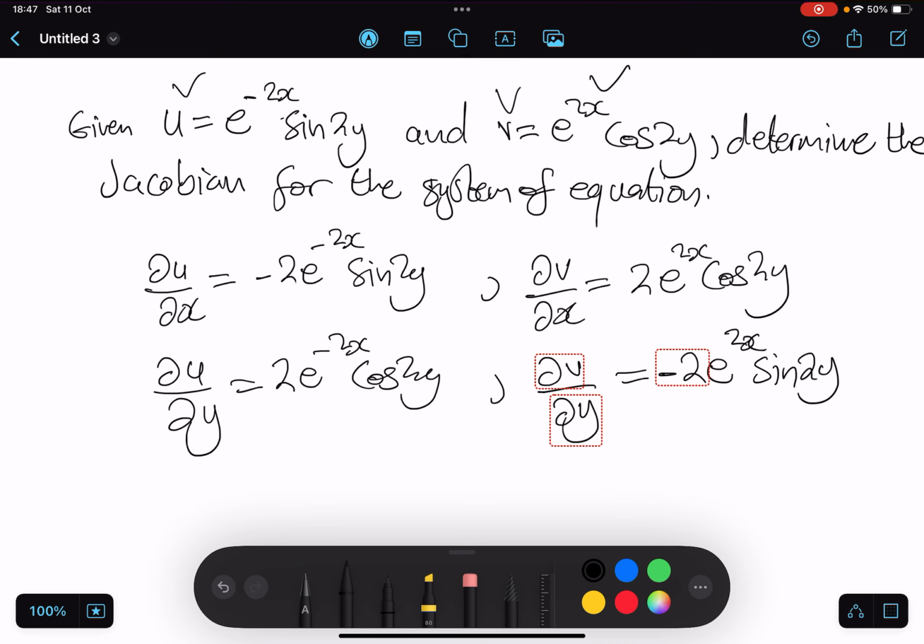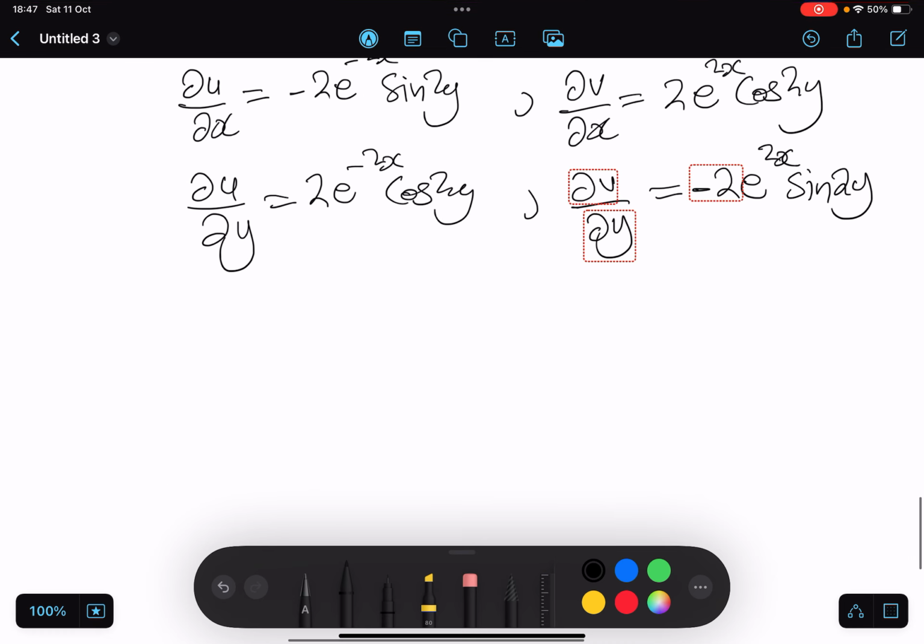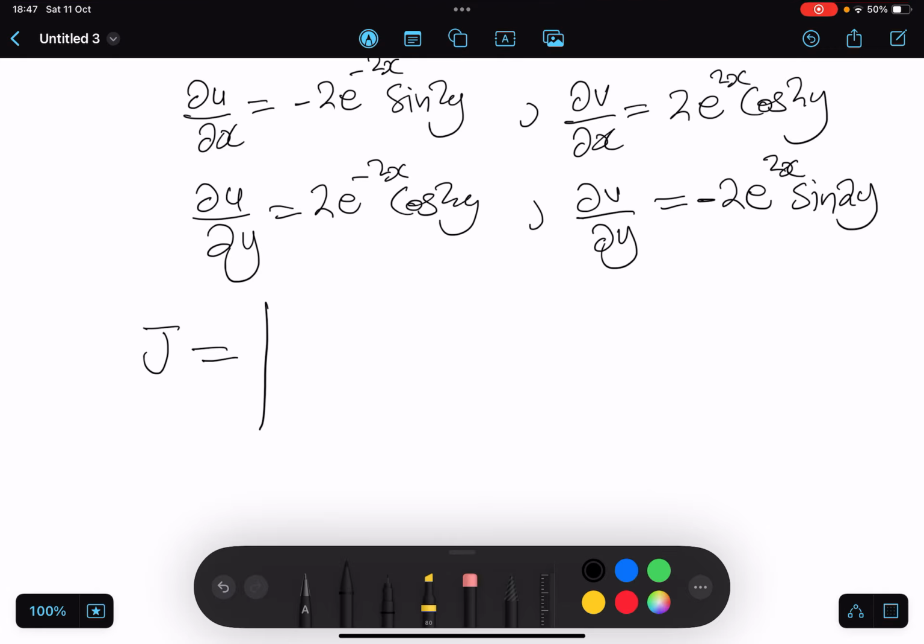So how do we go about doing this one? Our Jacobian J is going to be ∂u/∂x, ∂v/∂x in the first column, and ∂u/∂y, ∂v/∂y in the second.